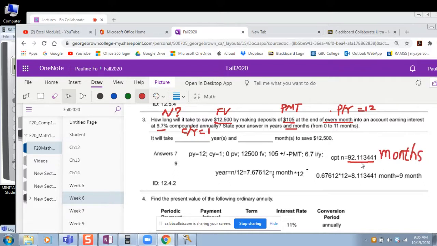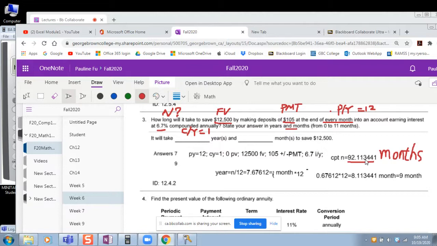So the question becomes, why is it months? Because you make a payment every month. So you need to make 92.1134 payments. So the question becomes, 92.113 months equals how many years, how many months? That is the question.